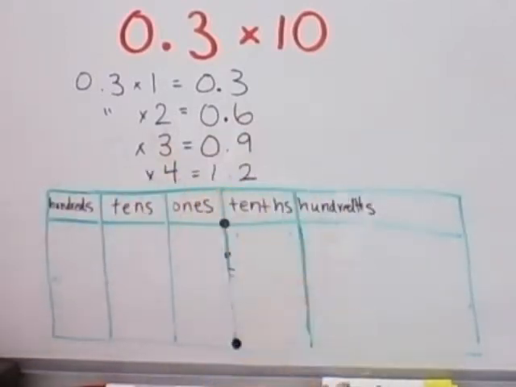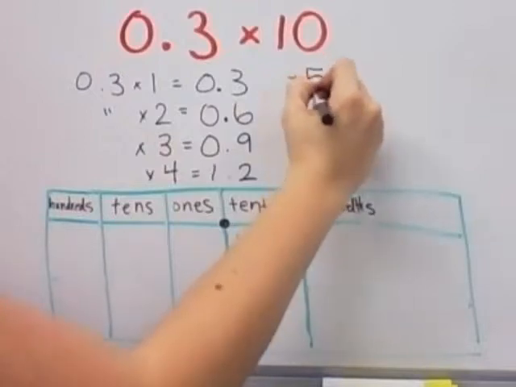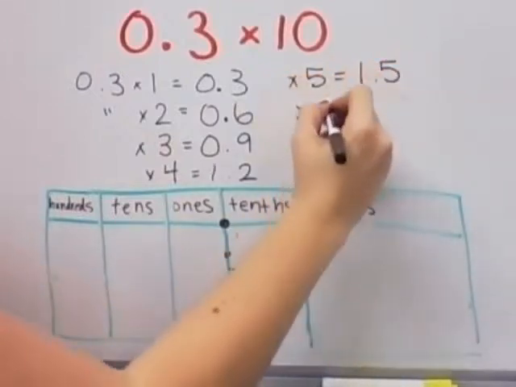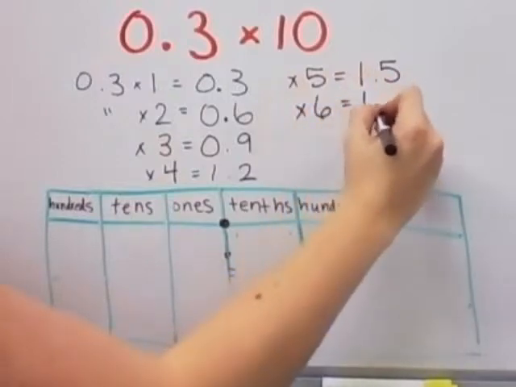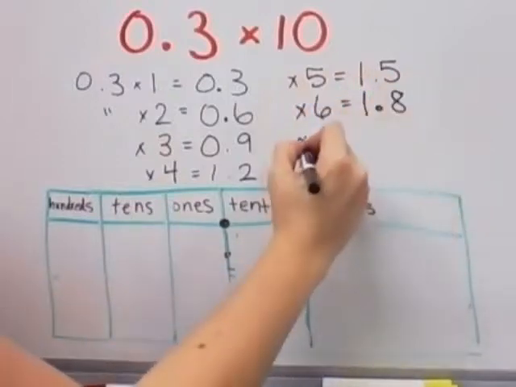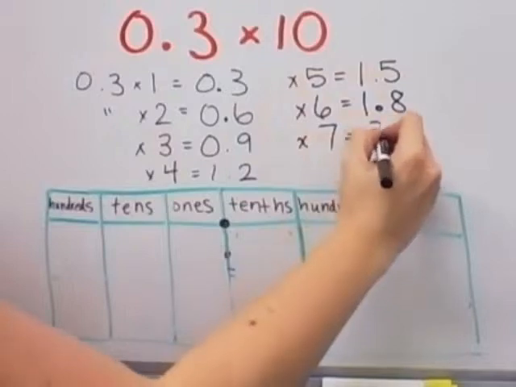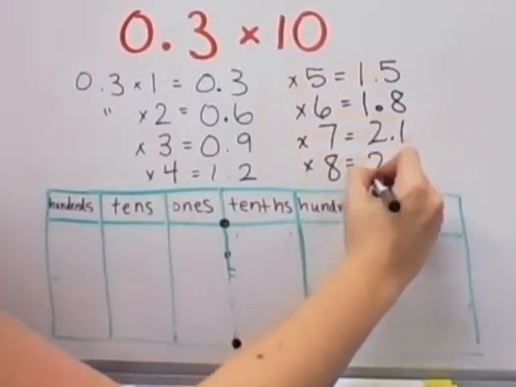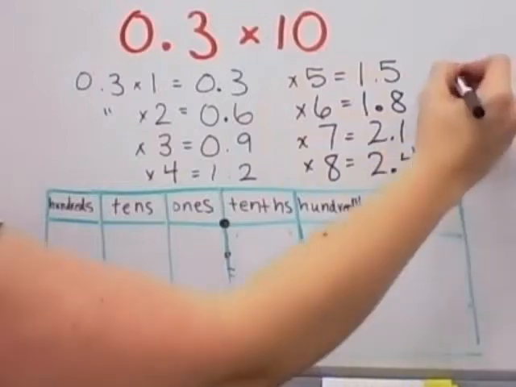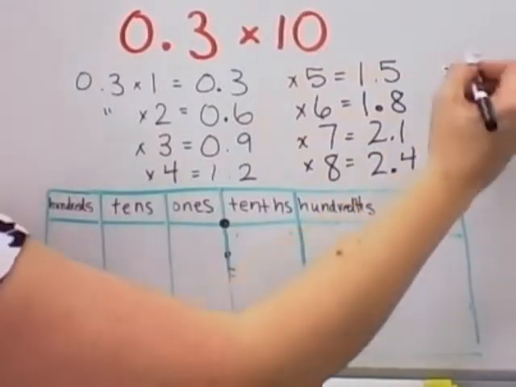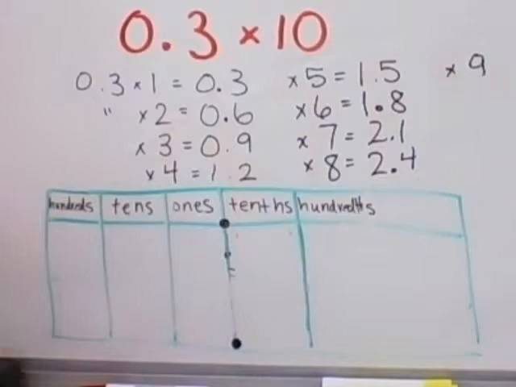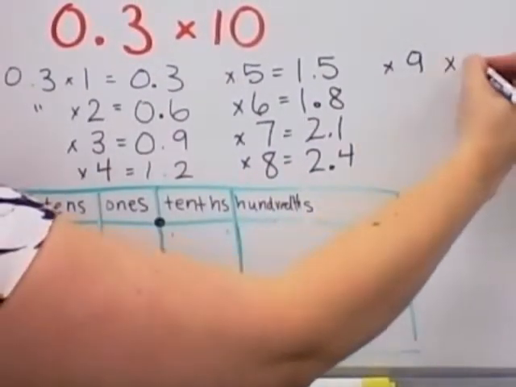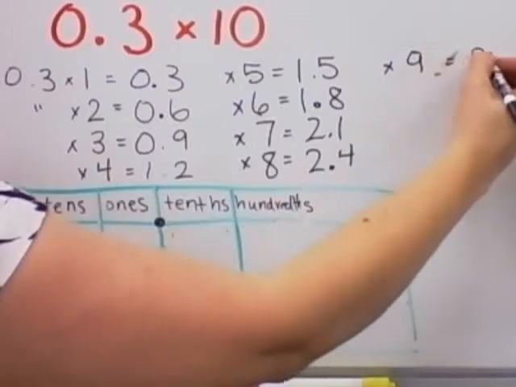Okay, so continuing the pattern. Times 4, 12 tenths. Times 5, 15 tenths. Times 6, 18 tenths. Times 7, 21 tenths. Times 8, 24 tenths. Times 9, 27 tenths.